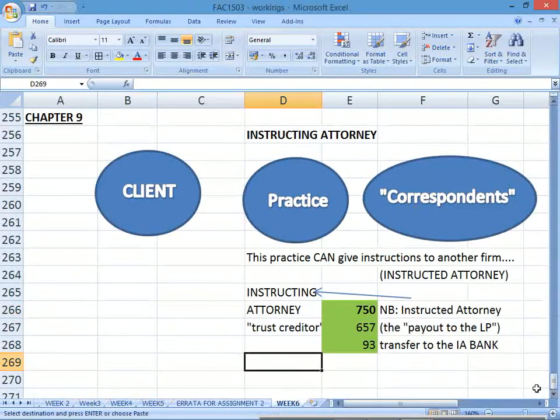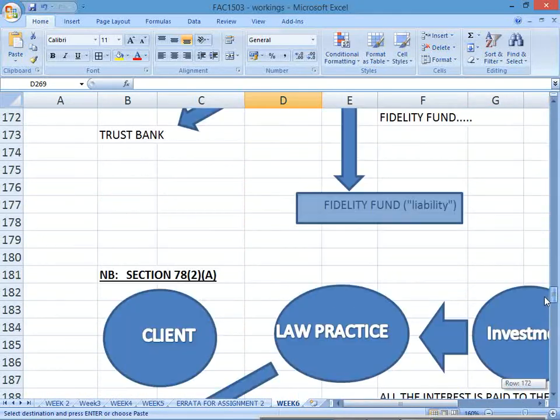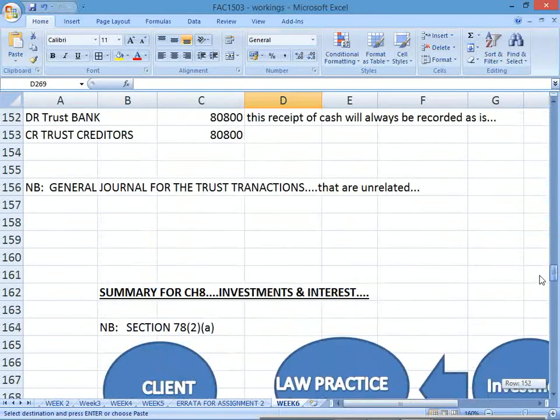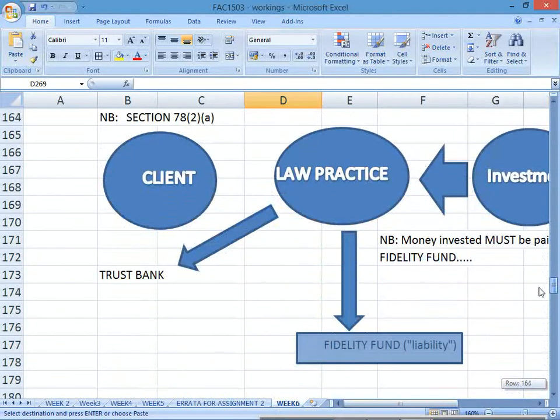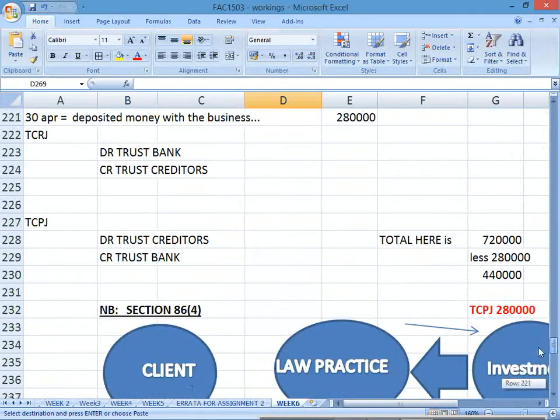Okay, so then we have to open up our study notes again and go back to this one. Let's open up and show. This is 78.2 small a, 78.2 big A, 86 small a.